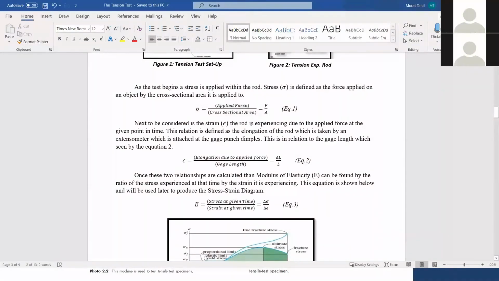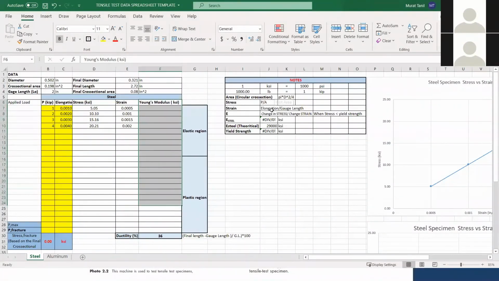This way you get the intensity. And then the elongation equation, the strain equation, I already explained on the spreadsheet right here in the notes section. And the modulus of elasticity.